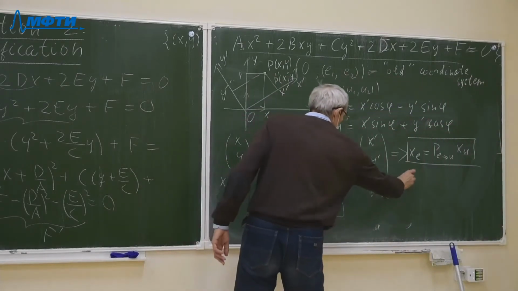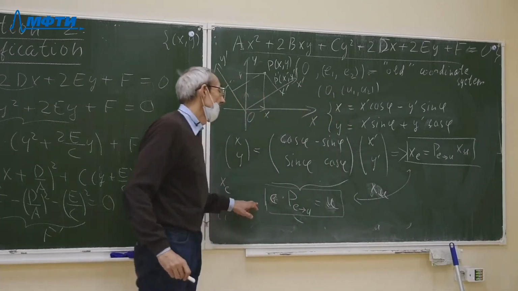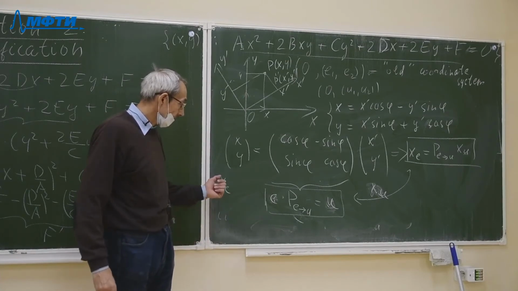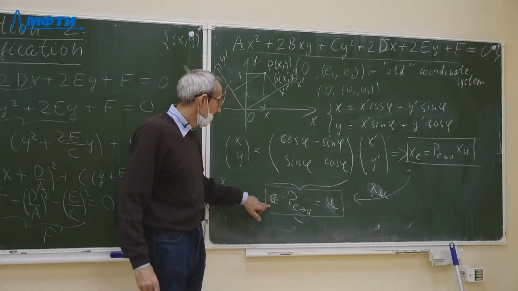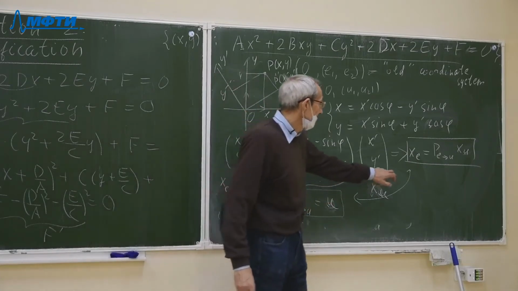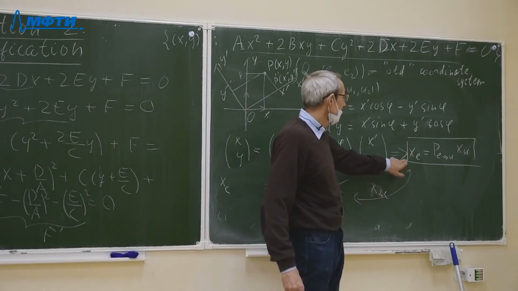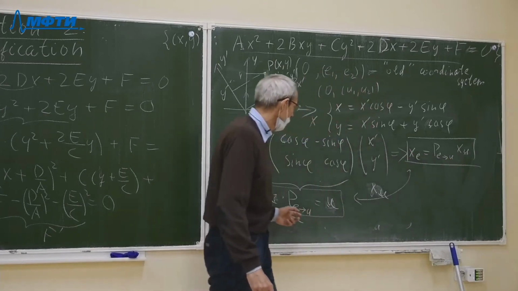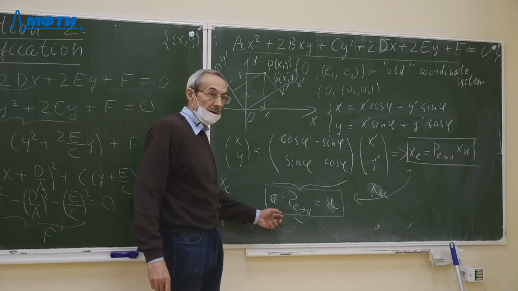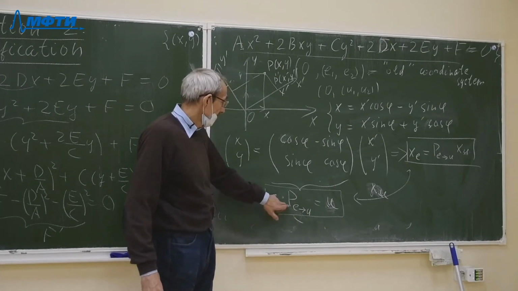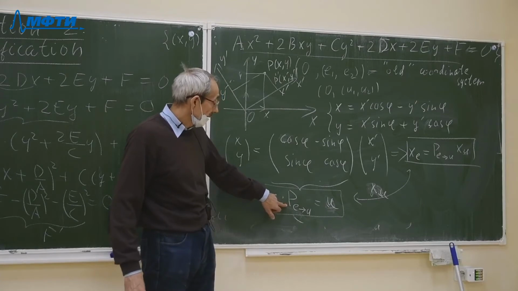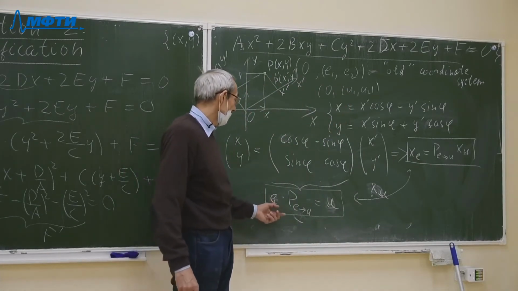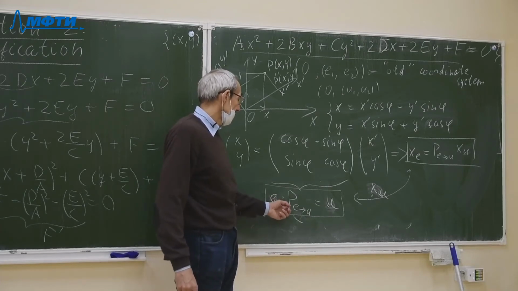We have two basic formulas for the relation between old and new bases and between the coordinates of a point in the old base and in the new base. These formulas are dual one to the other. This is the same matrix, and in this notation we multiply the basis from the right side.